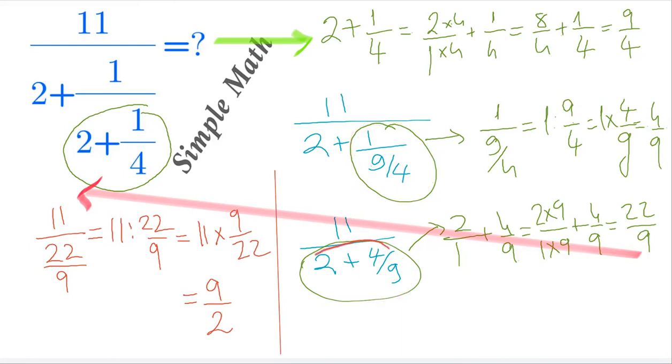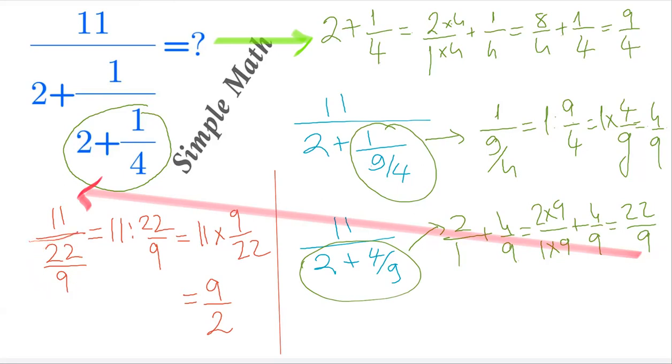Now in the new step, we need to complete this part first. If we add these two, we can change it into a fraction, multiply both sides by 9. So we got the new fraction 18 over 9. Since bottoms are same, we add the tops. So we got 22 over 9. So in our final case, 11 over 22 over 9.